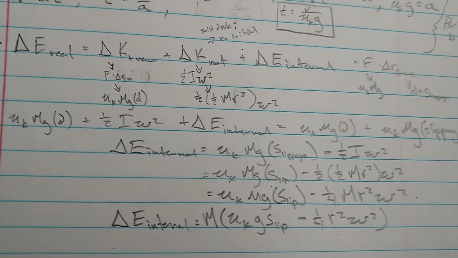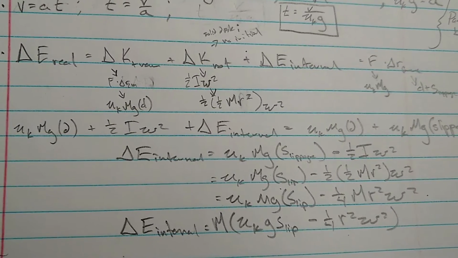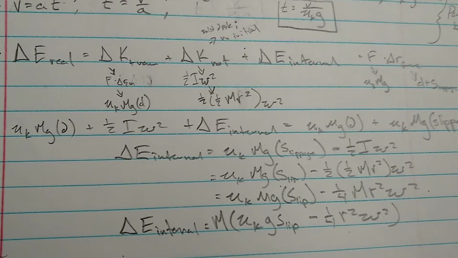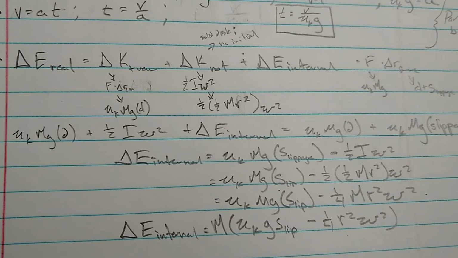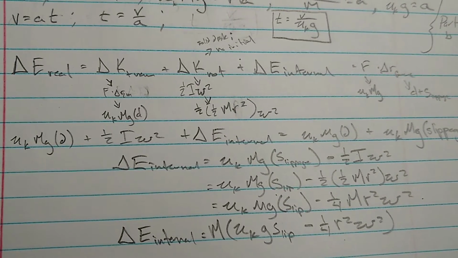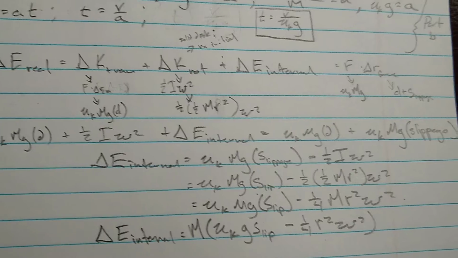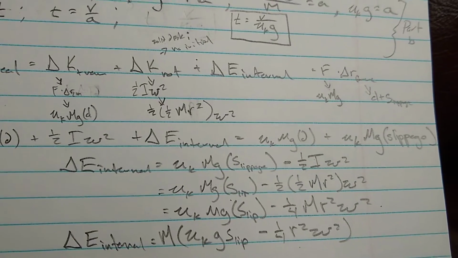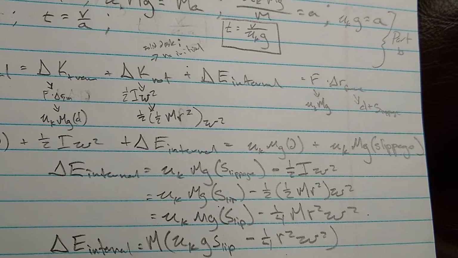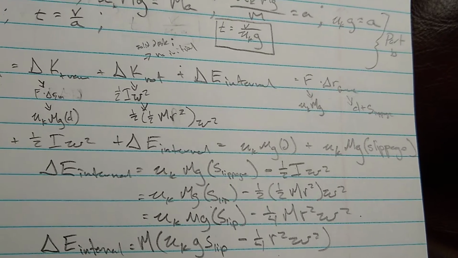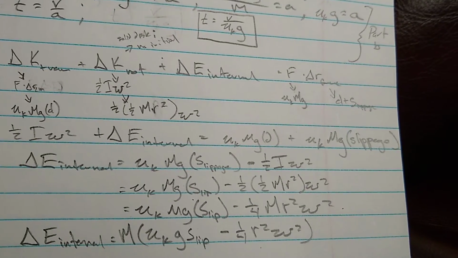Math is, this is getting long, but anyways, so delta E real equals the change in kinetic translational plus the change in kinetic rotational plus the change in internal, and that equals F dot delta R of the force. We already solved F. Delta R will be d plus a little bit of slippage distance.